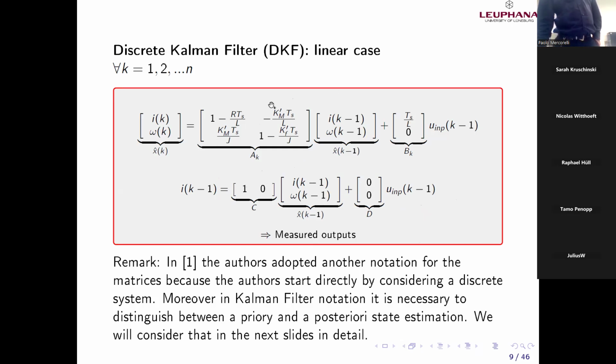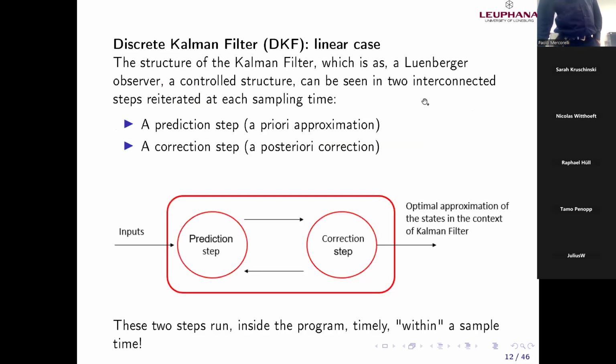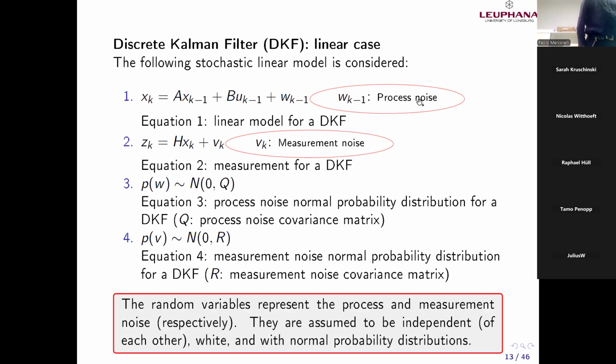But let me consider again this expression here, which can be seen in quite general form. It is exactly what I told you if you consider A equal A_k and B equal B_k. I didn't put a hat here for an important reason, which I will clarify now.